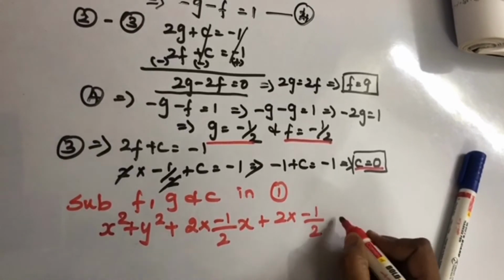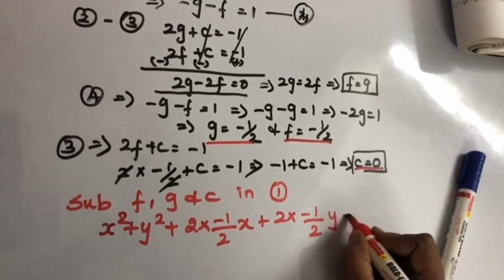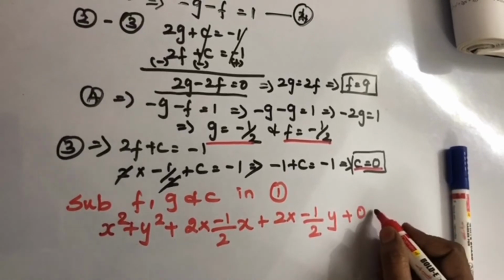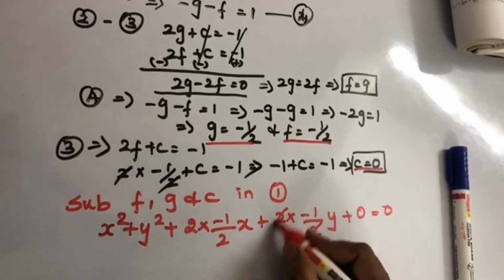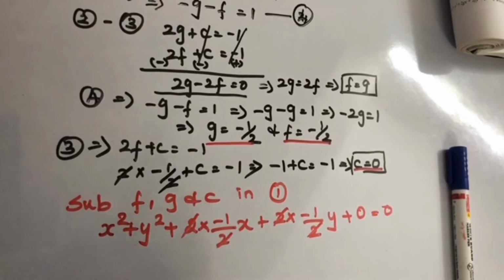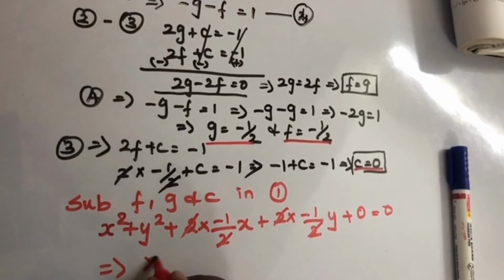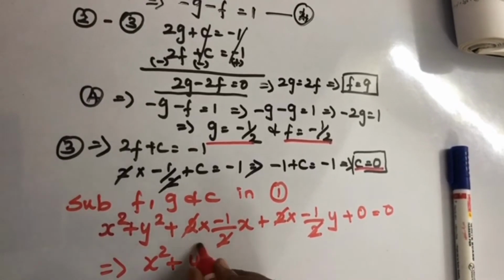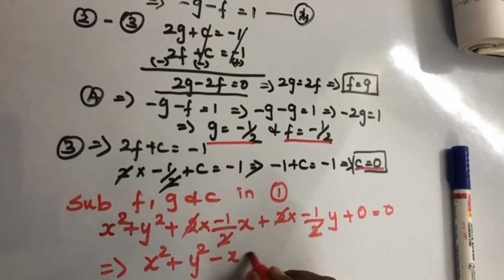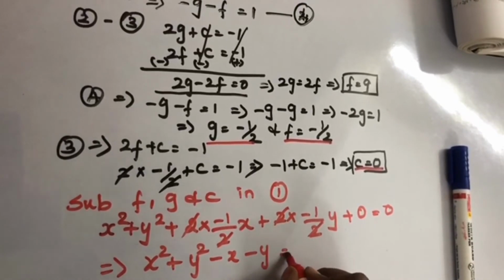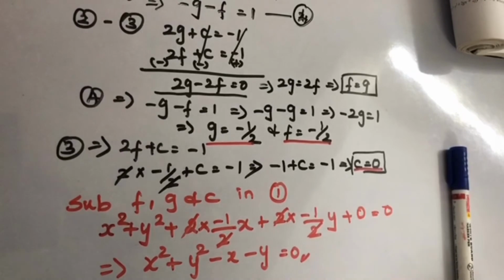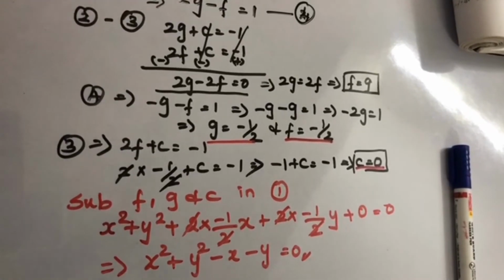Minus 1 by 2, into y plus 0. c is 0, it is equal to 0. So, 2 to get cancelled, again 2 to get cancelled here. So, our equation becomes x square plus y square minus x minus y is equal to 0.